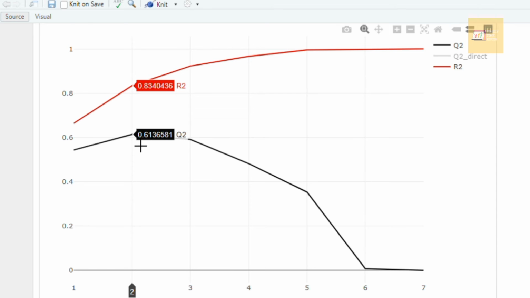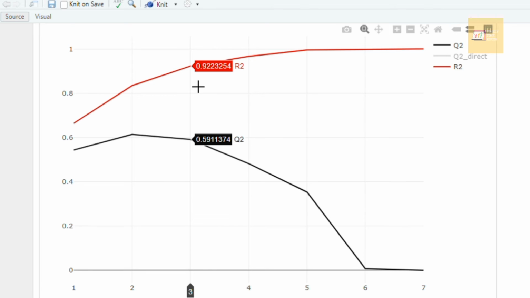Why 2? Because using 2 principal components, we can get the highest Q squared, that is 0.61 here. But using 3 principal components, even though the Q squared value drops a little bit, we can get quite high or like decent cumulative R squared.